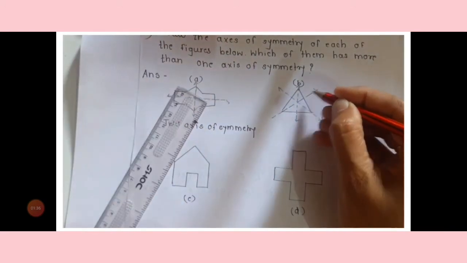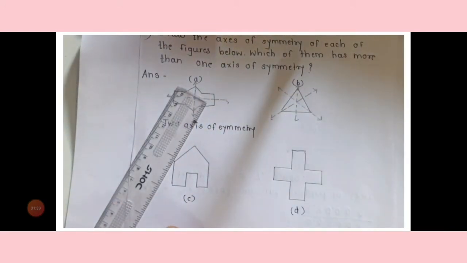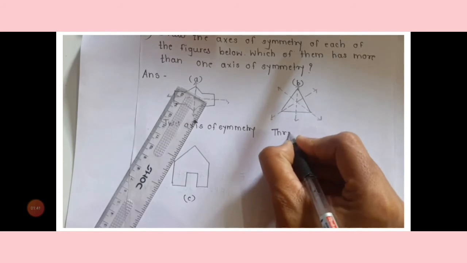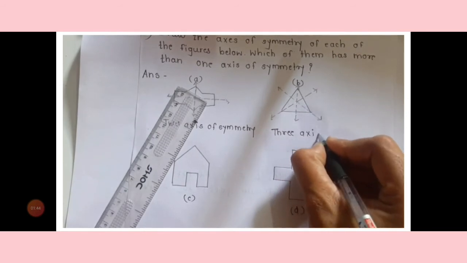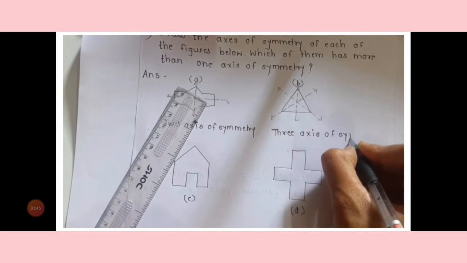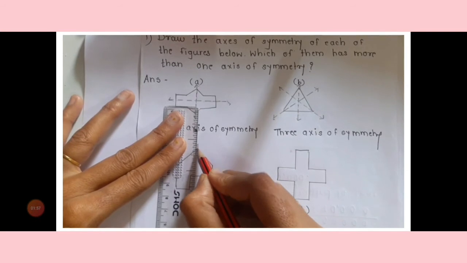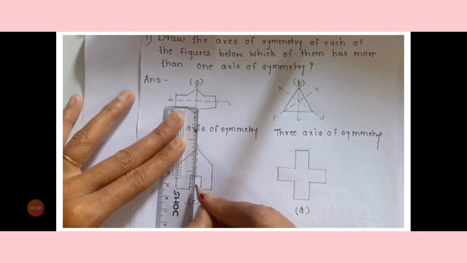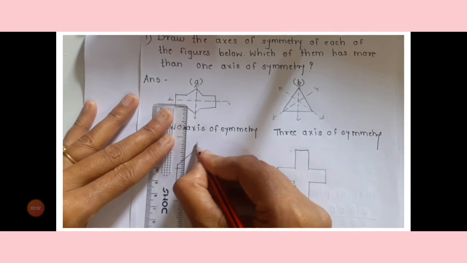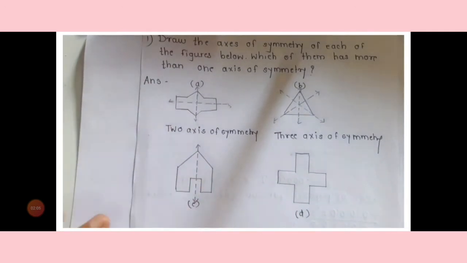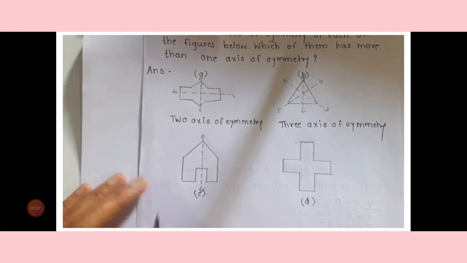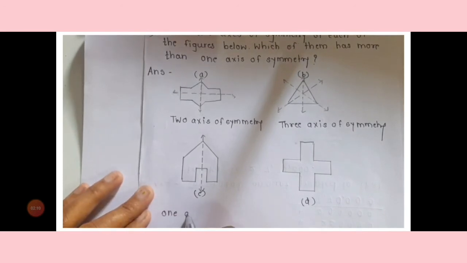This figure has how many axes of symmetry? 3 axes of symmetry. Now the third figure. We can divide this figure into only one part, so it has only one axis of symmetry.